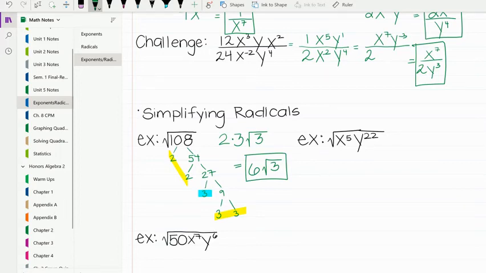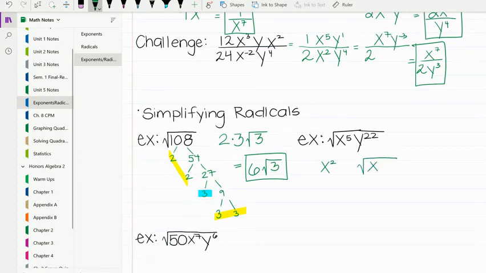So next one, square root of x to the 5th and y to the 22nd. This is strictly just variables. Remember, we're looking for pairs of x squareds. So how many x squareds are in x to the 5th? There's 2, right? But then there's 1 left over.